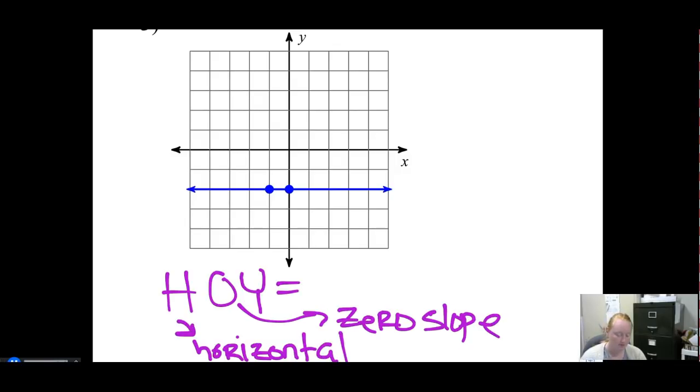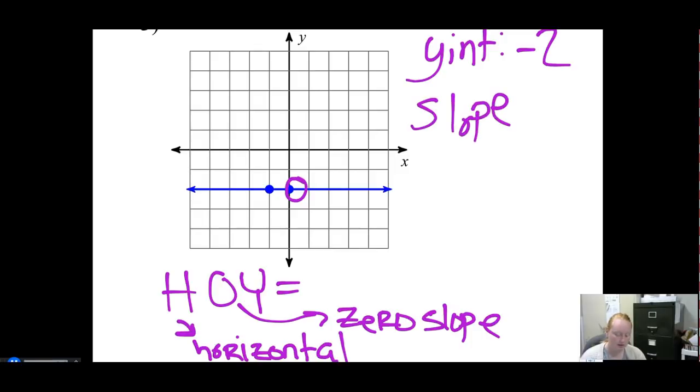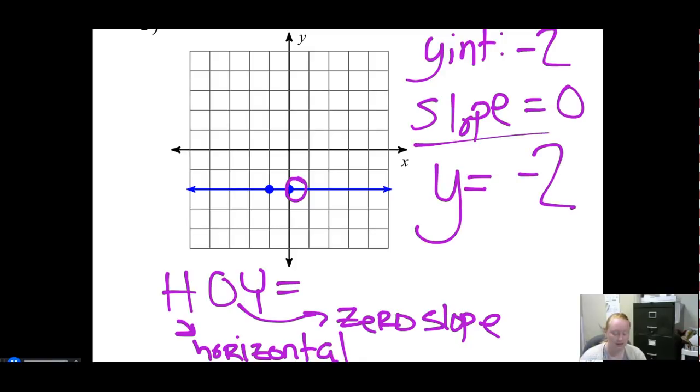Okay. My y-intercept here is -2. My slope is 0. And I'm going to make your equation for you for this particular graph, because I want you to see that this is a possible answer.